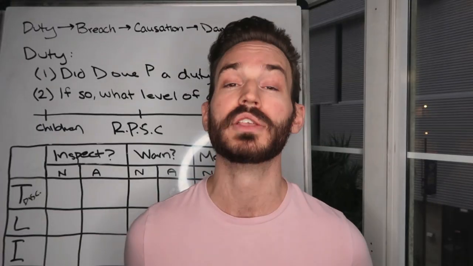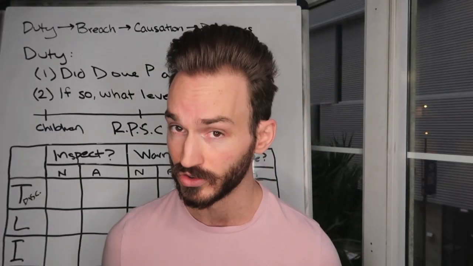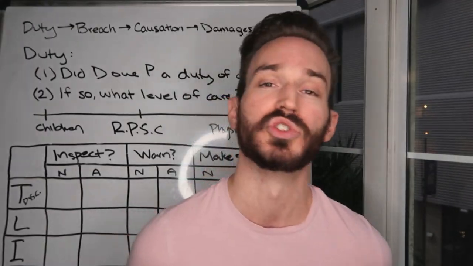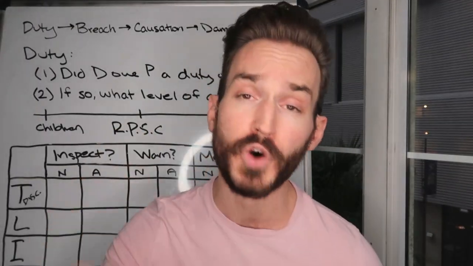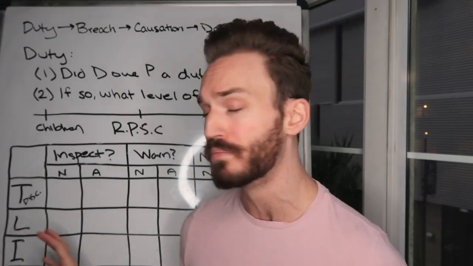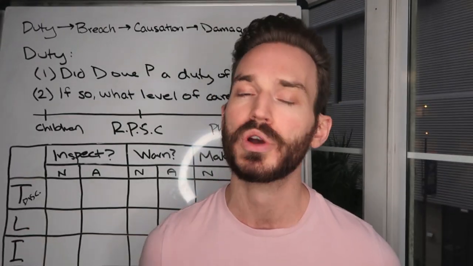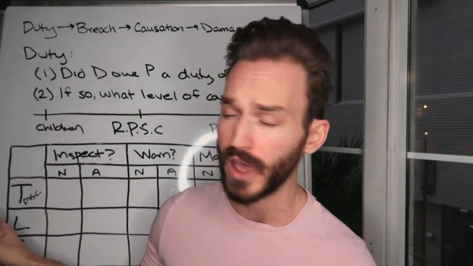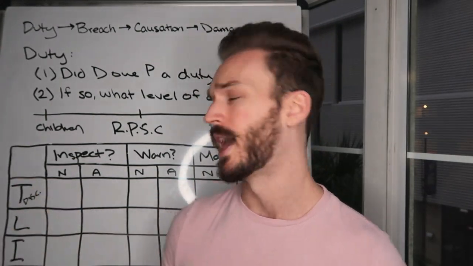This is generally going to be a social guest. Invitees, on the other hand, are patrons to a store. They're people who are conferring a benefit to the landowner. If there's mutual benefit on both sides, that's going to be an invitee. Okay, so basically, in short, we have trespassers, we have social guests, and we have store patrons.